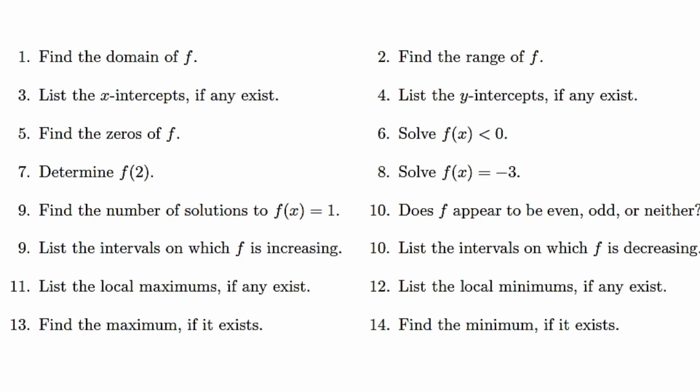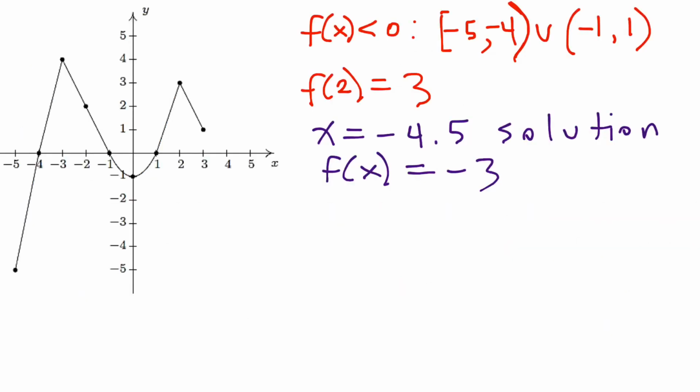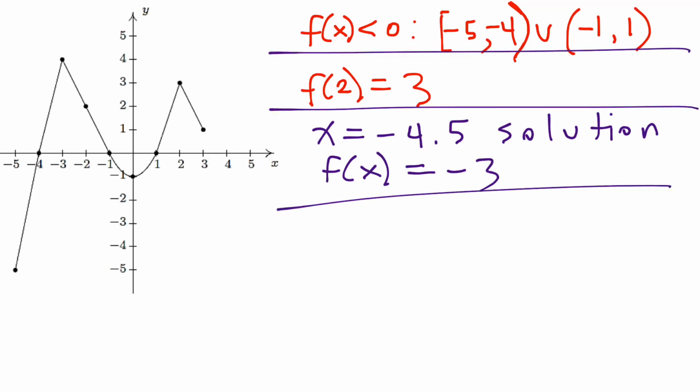Okay, so the next question says find the number of solutions to f of x is equal to 1. So we want to find the x values that cause f of x to be 1.